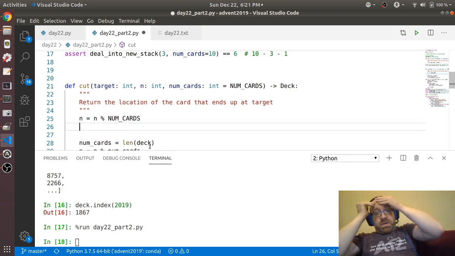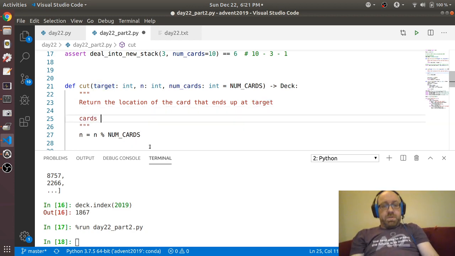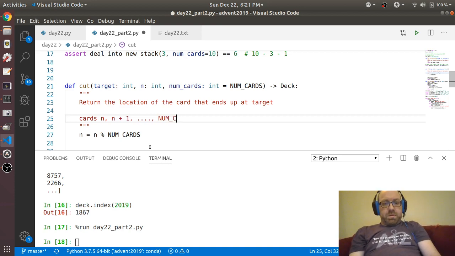And so what happens is cards n, n plus 1, dot dot dot, num cards minus 1, then 0, 1, 2, 3, 4, dot dot dot, n minus 1. So it looks like that, right?